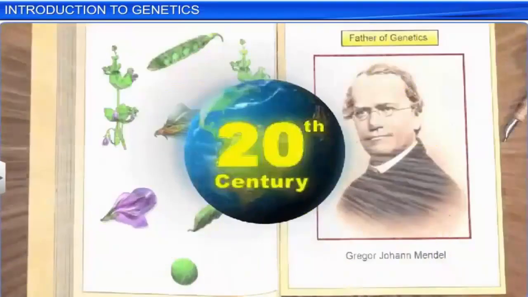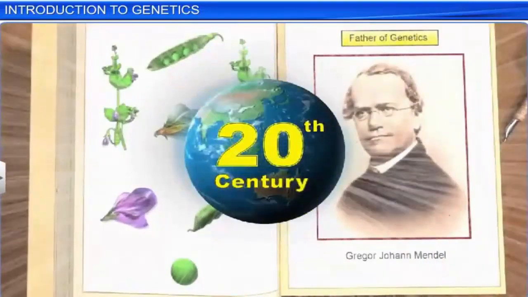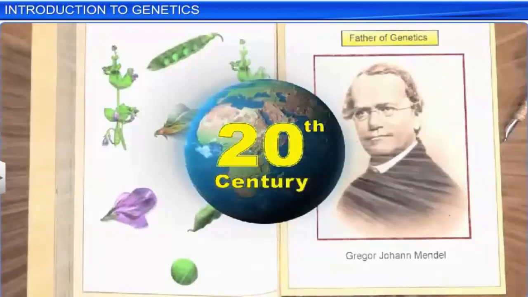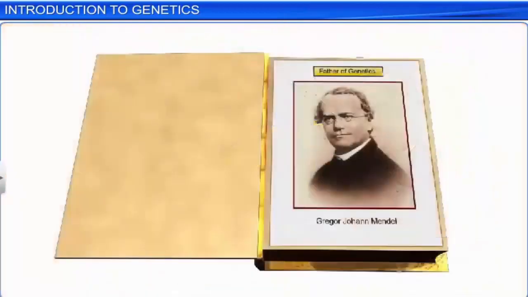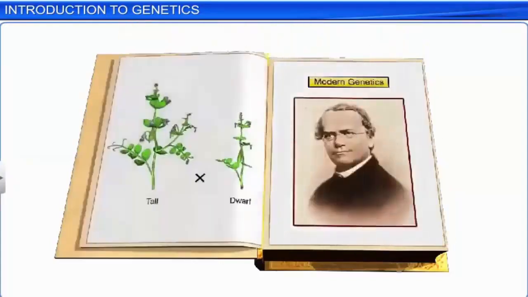However, the world had to wait till the end of the 20th century to understand the significance of Mendel's discoveries. Due to his valuable research in the field of genetics, Mendel came to be known as the father of genetics, and the rediscovery of his laws laid the foundation for the modern science of genetics.